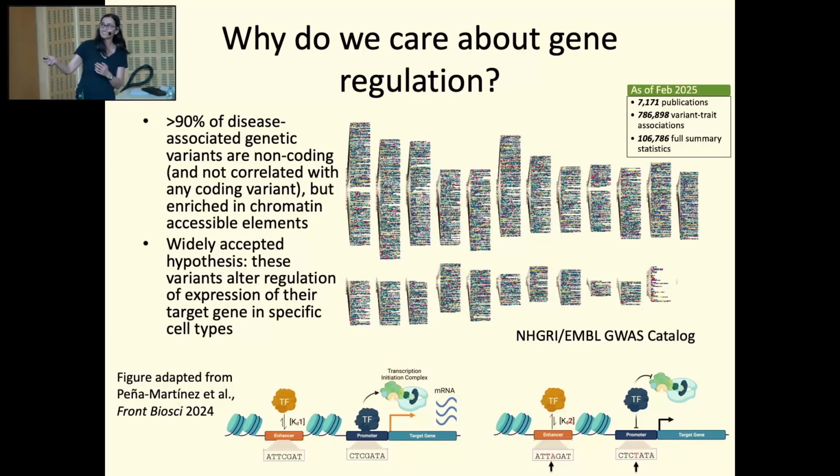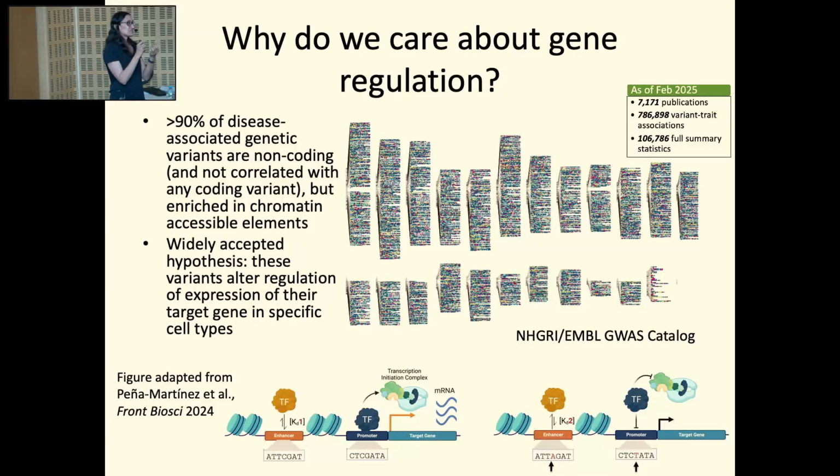Here's just a picture, if this is not all clear. I grabbed this yesterday while I was putting my slides together. Here's an enhancer, here's a promoter. Maybe there's a little motif within the enhancer or promoter where a transcription factor likes to bind, and you change one nucleotide in this sequence or this promoter, and suddenly the transcription factors that like to bind don't bind as well or with high enough affinity, and instead of making transcript, you're turning off the gene or lowering it, right?